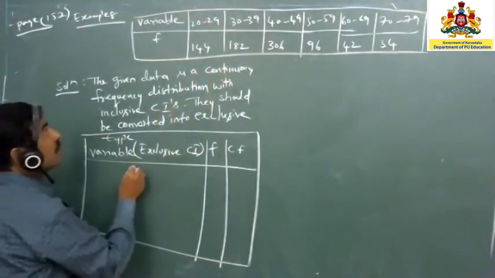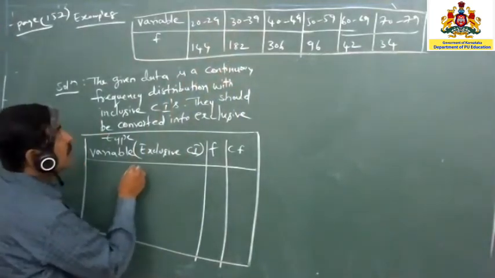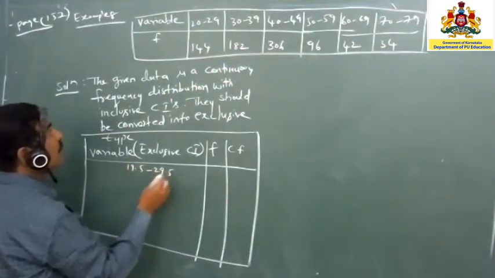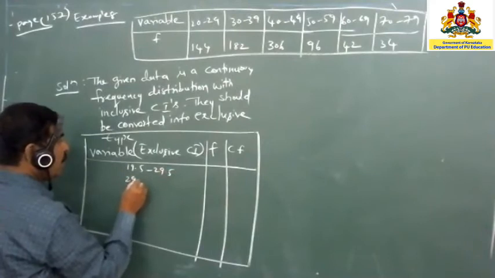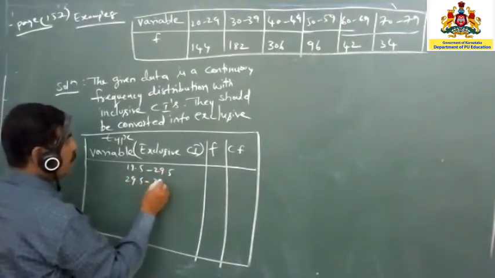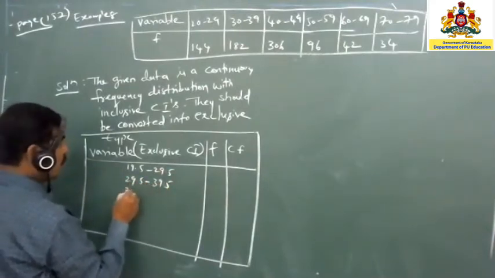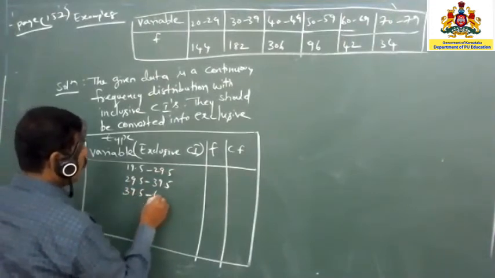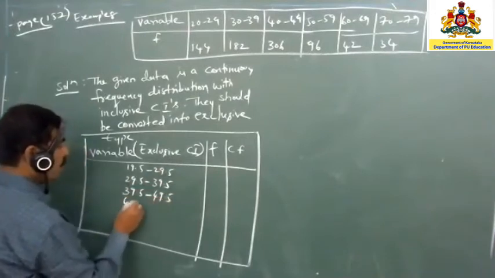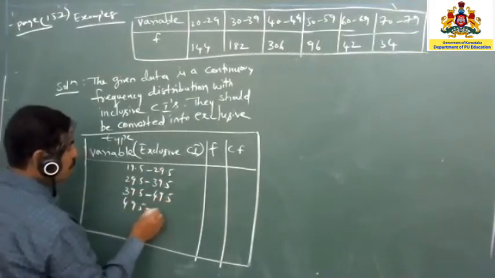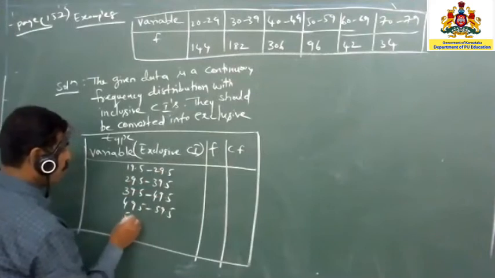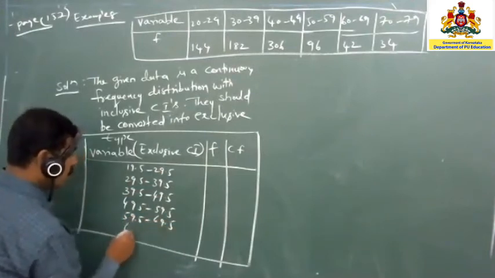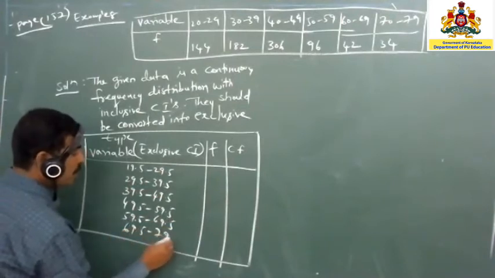You will get the class intervals as 19.5 to 29.5, 29.5 to 39.5, 39.5 to 49.5, 49.5 to 59.5, 59.5 to 69.5, 69.5 to 79.5.